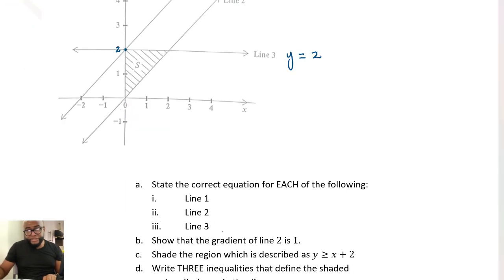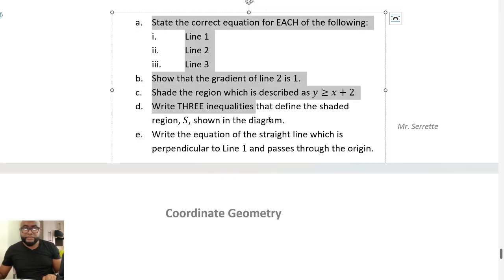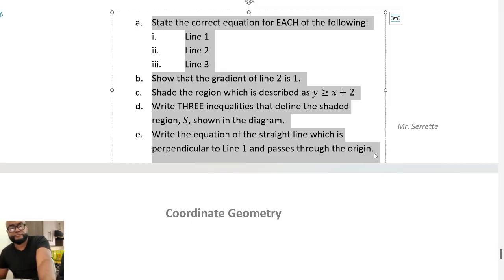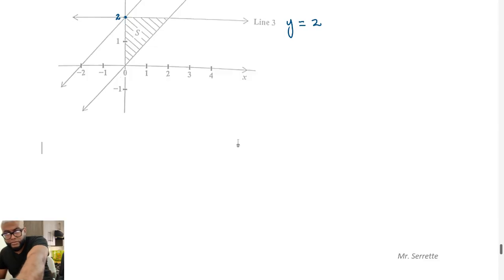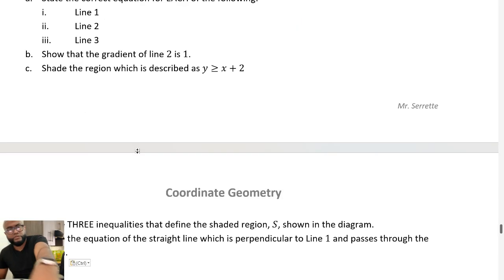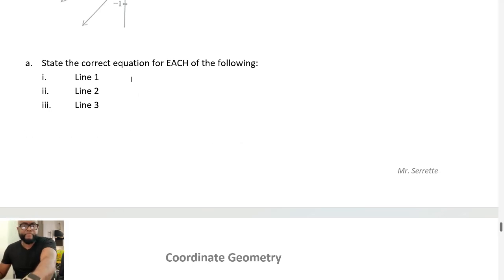Let me write that here. Line 3. So we say this one here would be y is equal to 2.